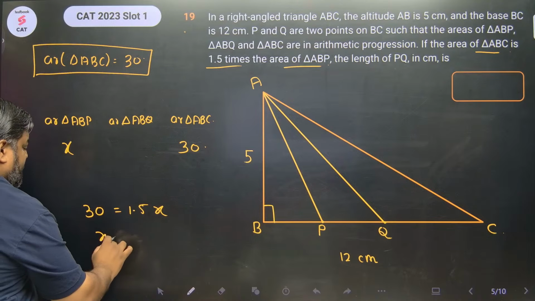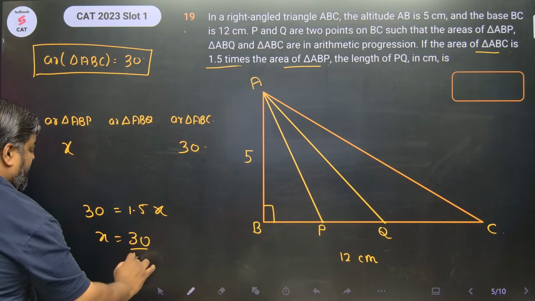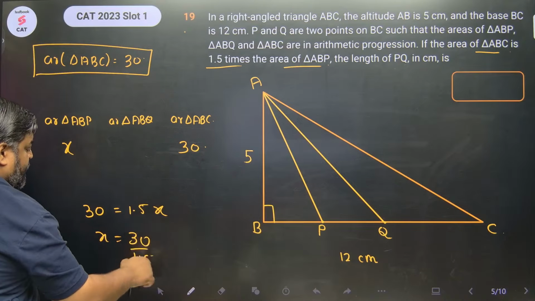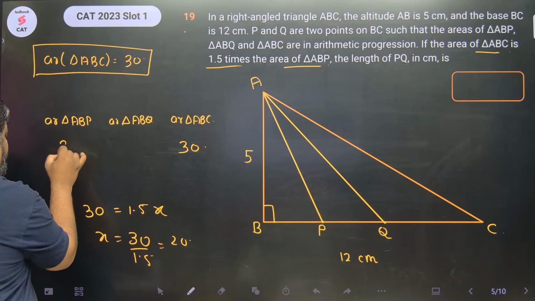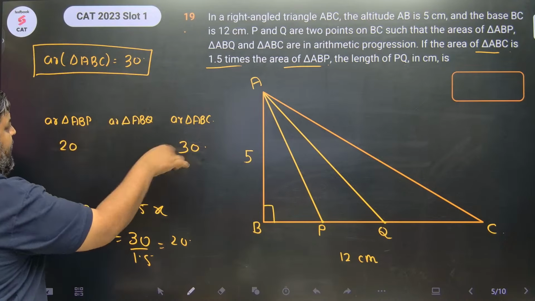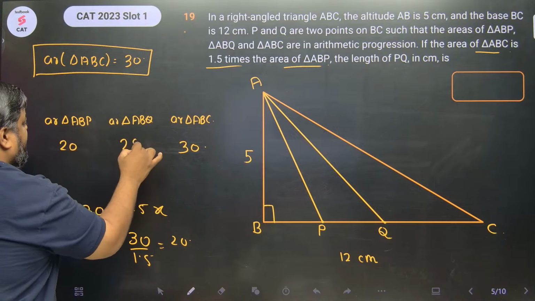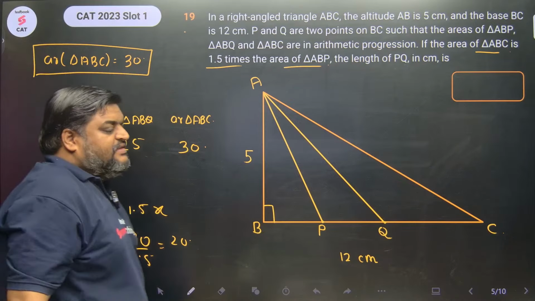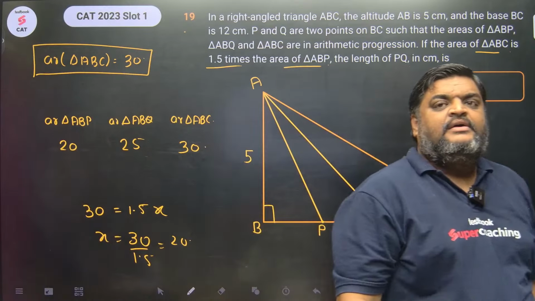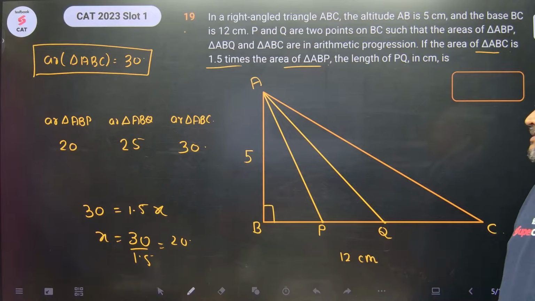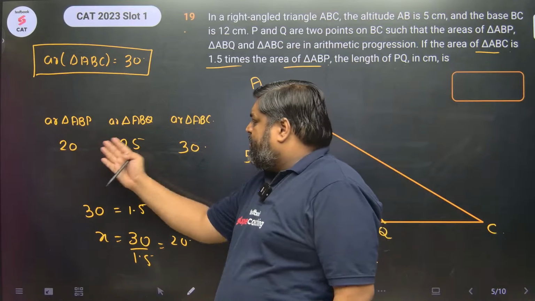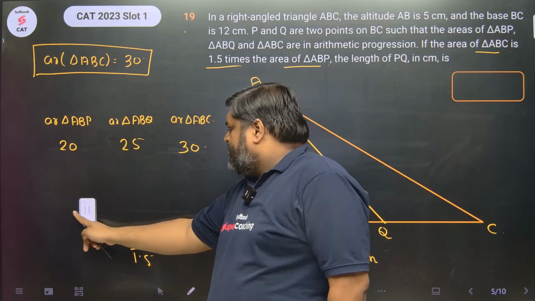So what would be x? 30 upon 1.5, that is 20. So the area of triangle ABP would be 20, 20, 30. It is an arithmetic progression, so this has to be 25. Very good. This has to be 25 because it was an arithmetic progression.